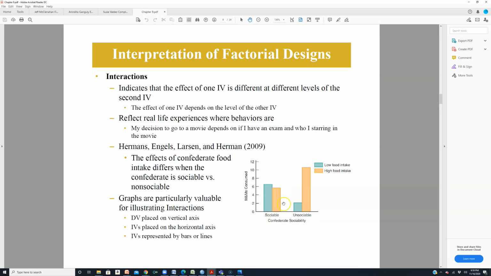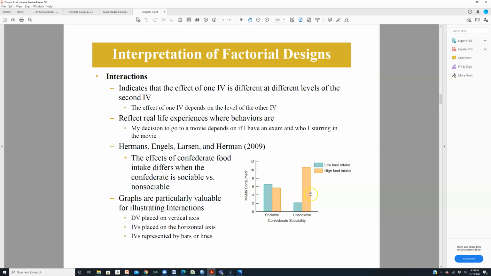So I can compare and see, okay, well, the effect of the confederate on my food intake, I ate the most when they were unsociable, right? But when they were eating a lot. So the effect of the sociability depended on their food intake.